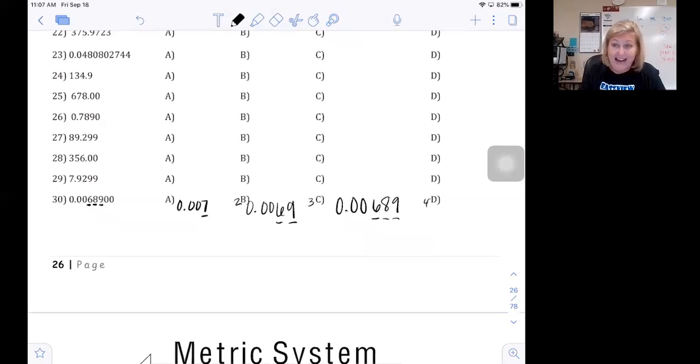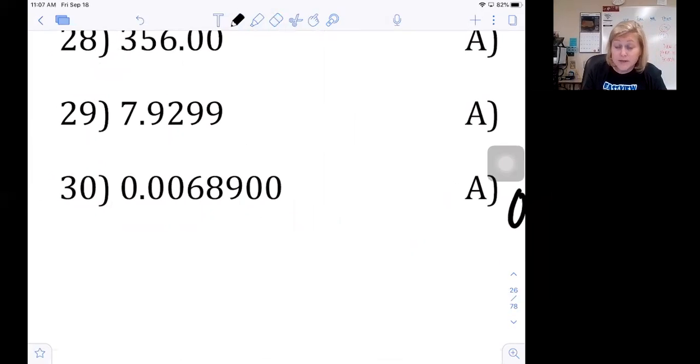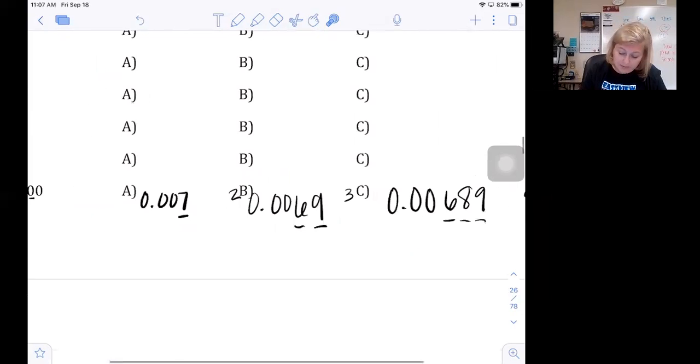Okay. And last but not least, letter D wants us to have 4 significant digits. So start by underlining your first 4 significant figures, significant digits, sig figs. 1, 2, 3, 4. Look at that 0 behind it. That 0 doesn't affect the number in front of it. So I just put that 0 there and I drop the other 0 behind it.